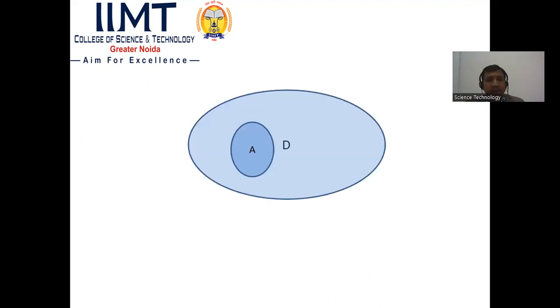We can see here, if this big oval marked as D represents the set of discourse, and a small circle A is some set of objects which is completely lying in this big set D. If all elements of this big set D satisfy a formula, it is a case of universal quantification.